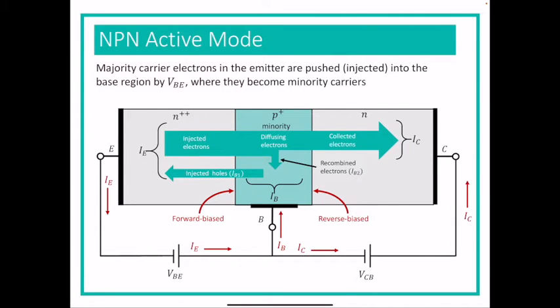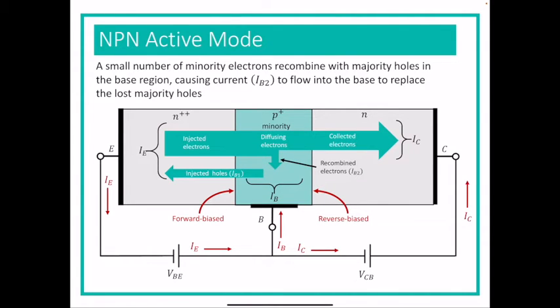They become minority carriers. And when they are minority carriers, some of them combine with the holes, because there's a lot of holes in the P region. And when they do, there's a current that comes into the base to replace those holes that were lost. So there is actually a current that's drawn to replace that.